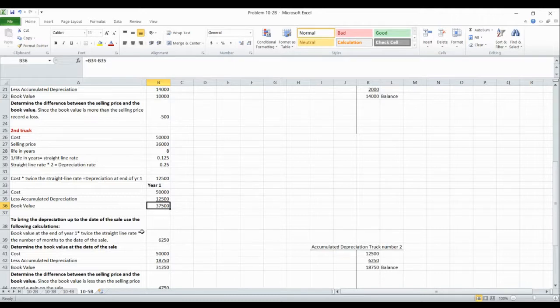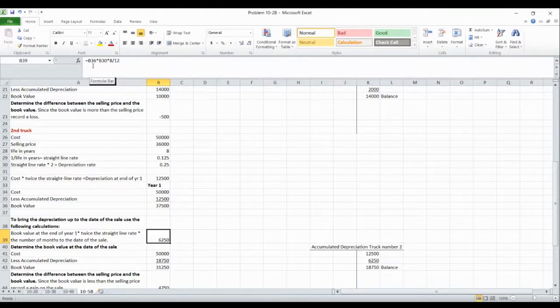When you sell this asset, you have to bring the depreciation up to the date of the sale. To do that, we'll take the book value at the end of year one, which you'll remember was $37,500. We'll multiply that by twice the straight line rate, which was 25%, and then we will multiply that by the number of months to the date of sale.